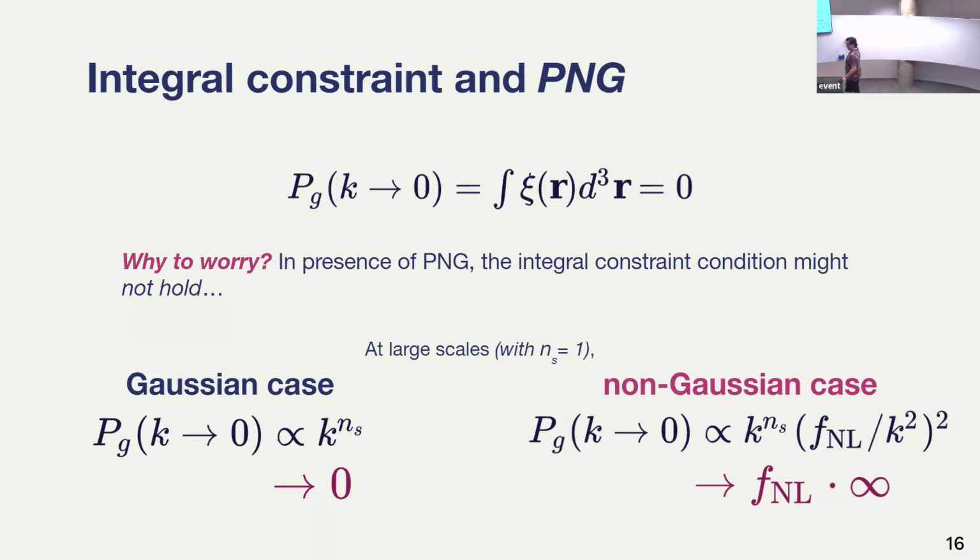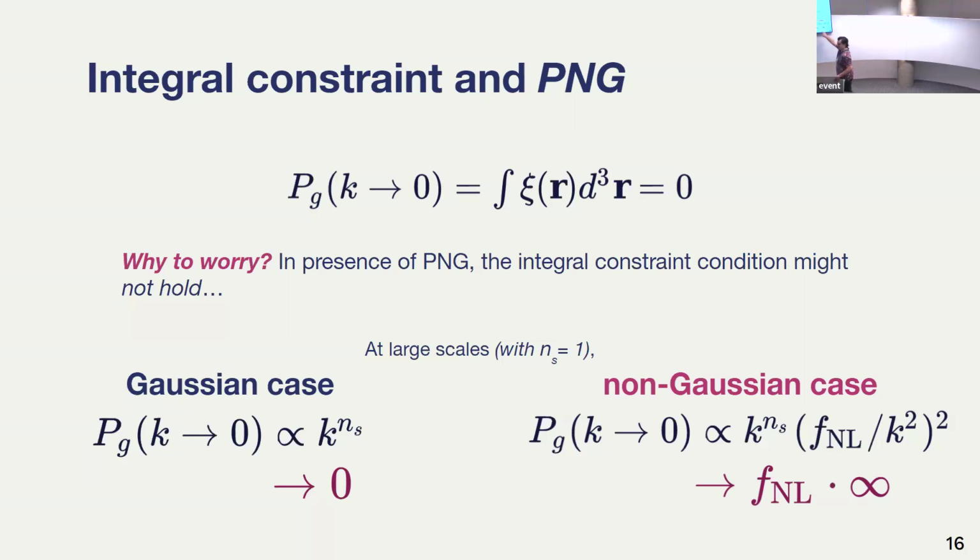At large scales, you mean? Yes, at large scales, if you have f_NL. That's why I mentioned that it is a problem, right?